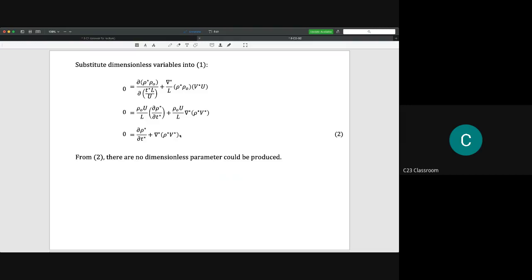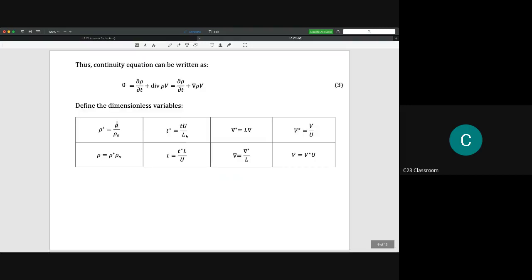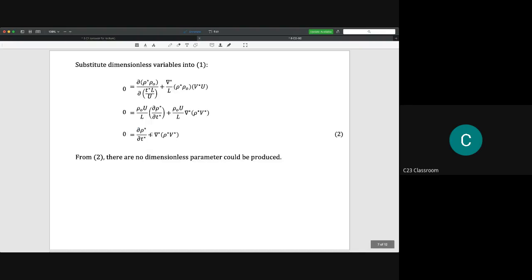Then if you compare this equation with the previous equation, you will find that it is totally the same, except that only the star is here. So all the terms are actually the same as the previous equation.